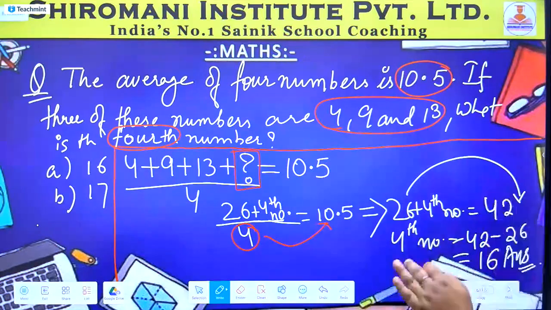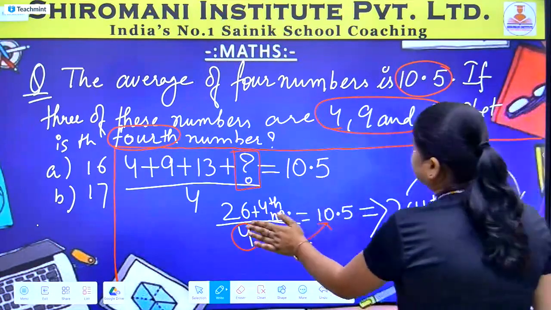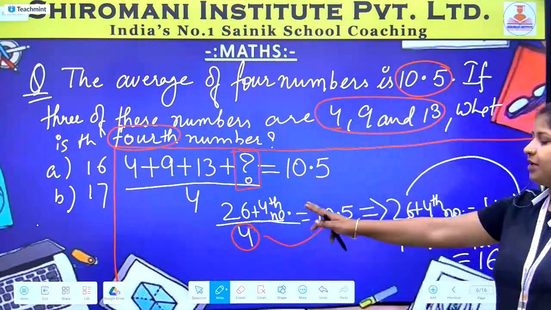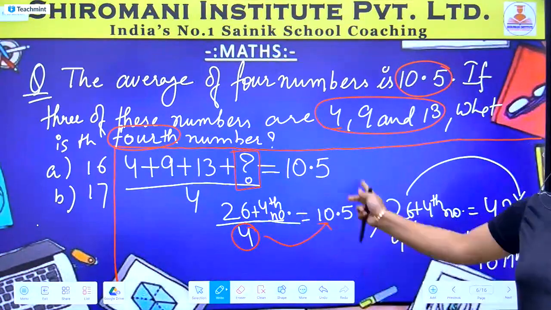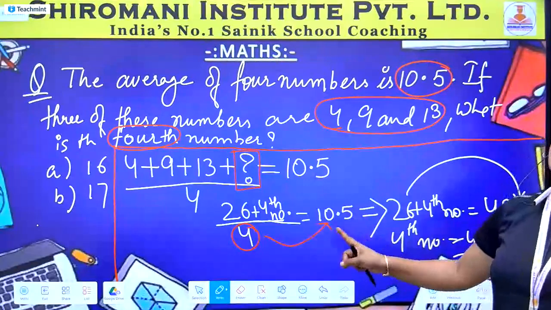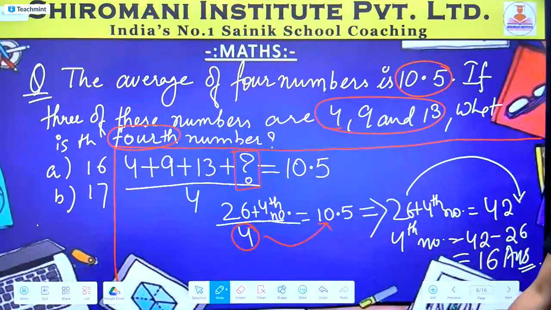Now 4 plus 9 plus 13 is 26. Plus the fourth number upon 4 is equal to 10.5. Now solve this equation. 10.5 into 4 is 42. 26 plus the fourth number is 42. The fourth number will be 42 minus 26, that is 16. Please note this down, everyone.